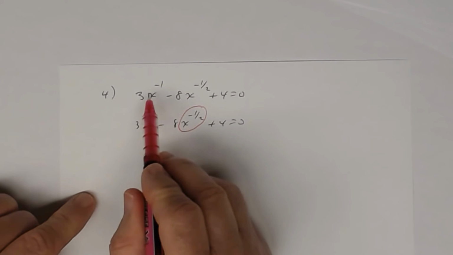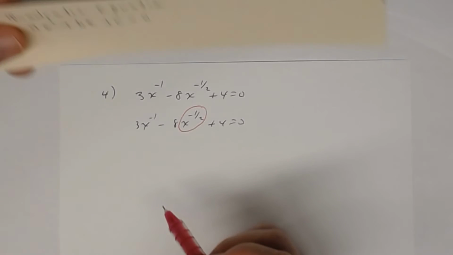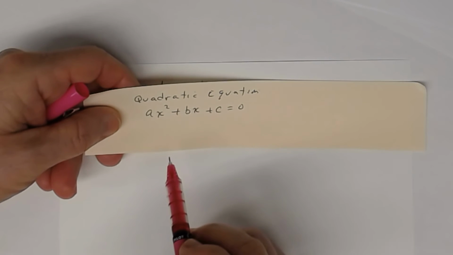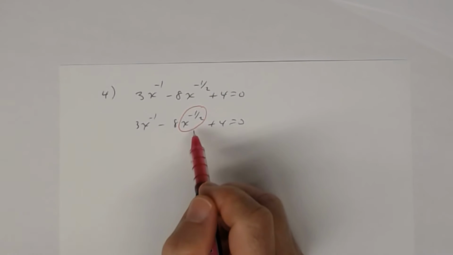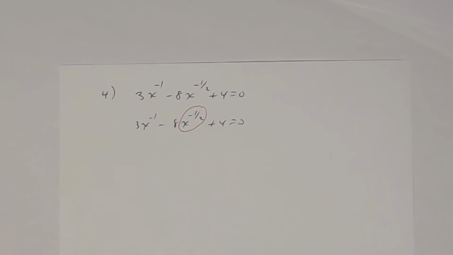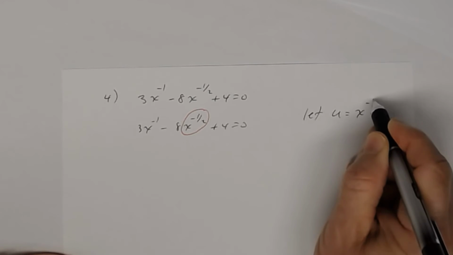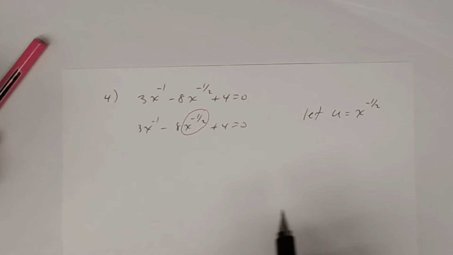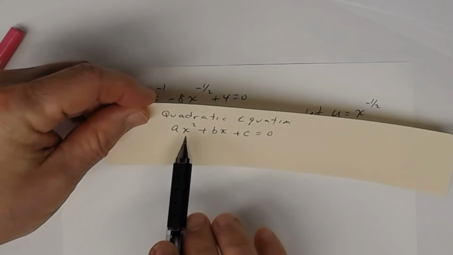Remember, this is pretty difficult to look at and solve, but if I can rewrite this as a quadratic equation, then it's going to be fairly easy to deal with. So let's let u equal x to the negative 1/2. I want this to be quadratic in form, so at some point I have to have an x squared.